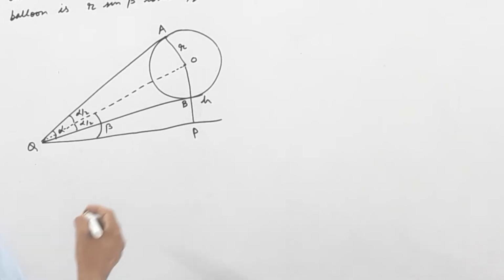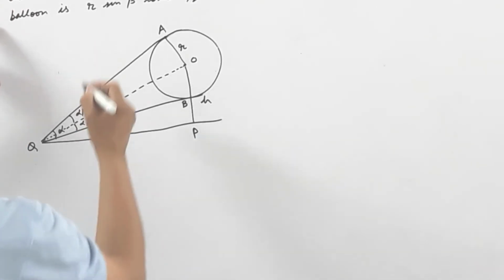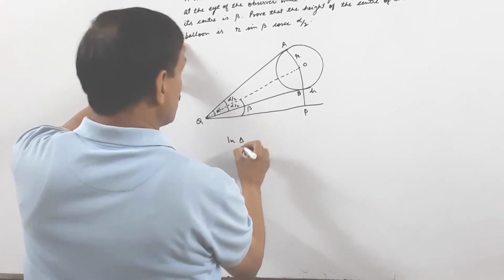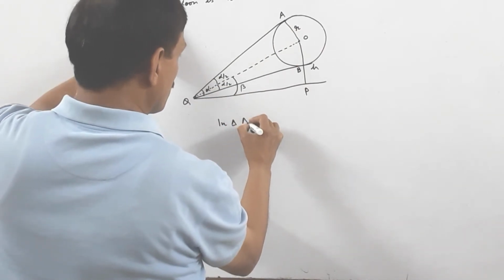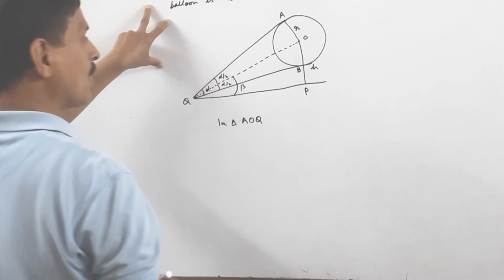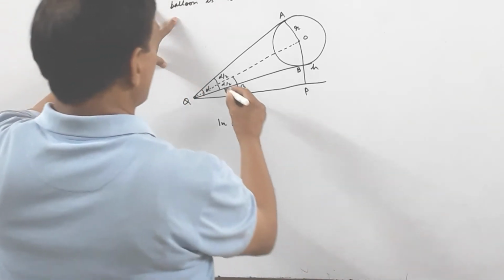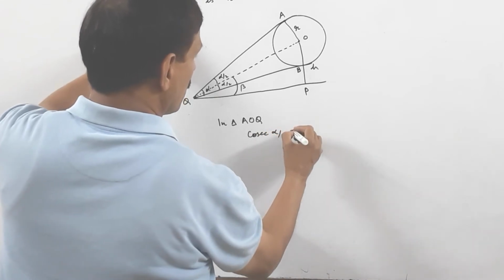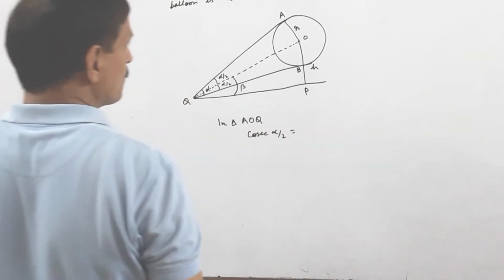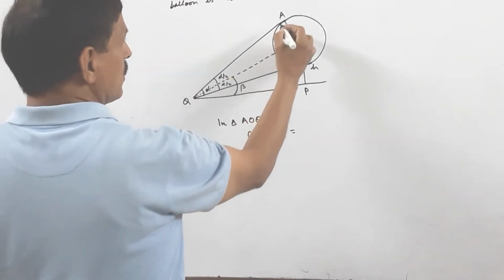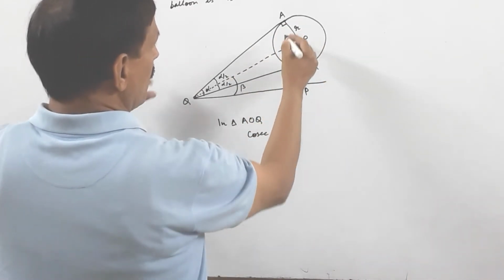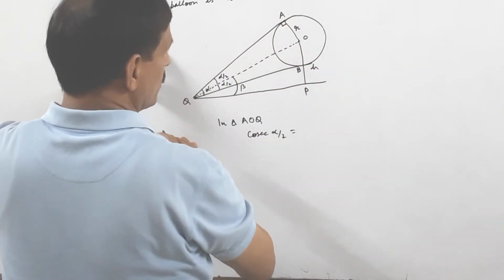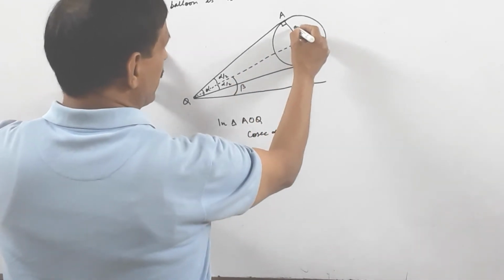Now in triangle AOQ, cosec alpha by 2 is equal to hypotenuse upon perpendicular, because this is a right angle, and thus OQ is the hypotenuse for triangle AOQ, and this is the perpendicular OA.